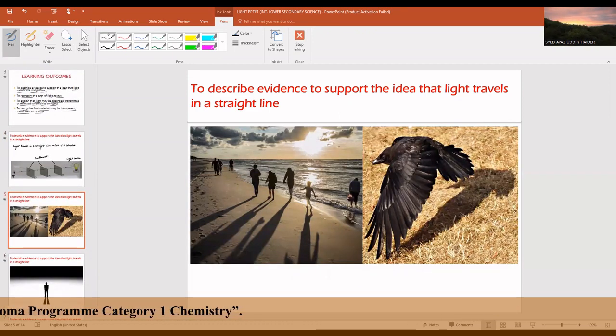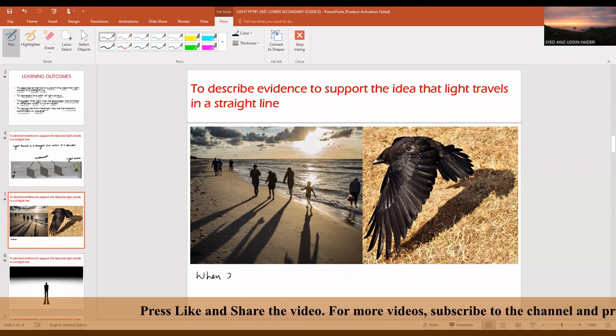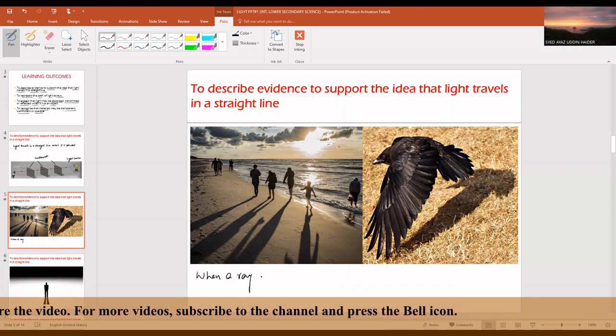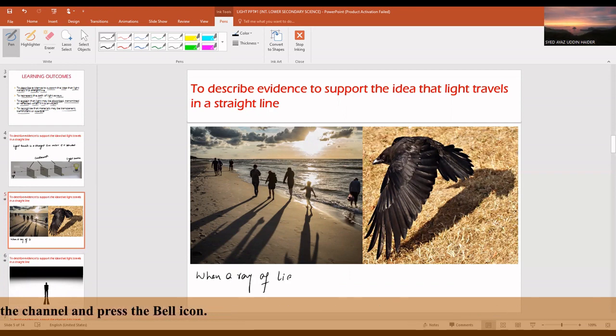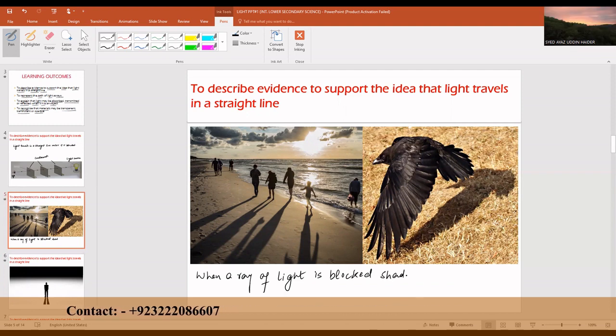When a ray or path of light is blocked, shadow is formed.